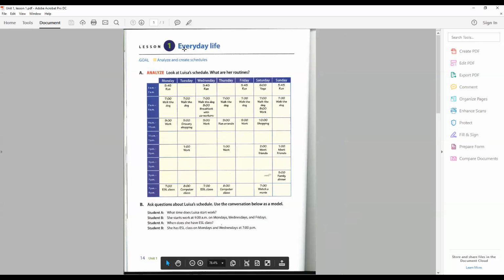So lesson 1 is called Everyday Life. Okay, our goal today is to analyze and create a schedule, okay? So let's look at A. It says, look at Lisa's schedule. What are her routines? All right, so you have your days of the week.